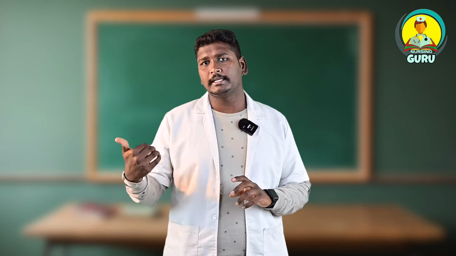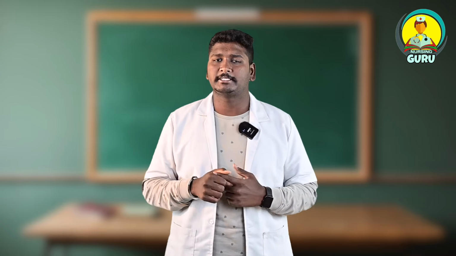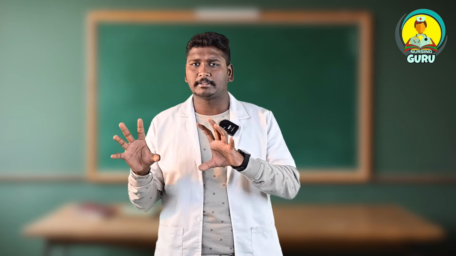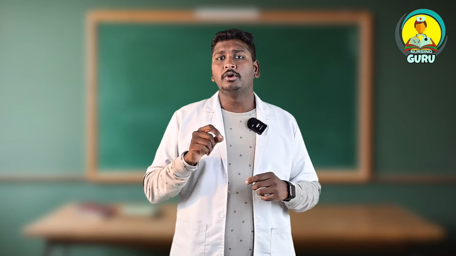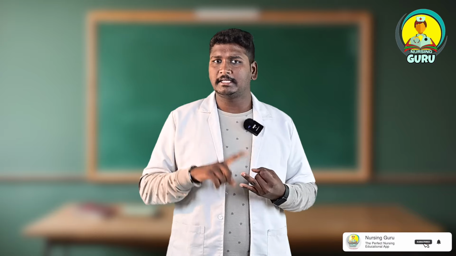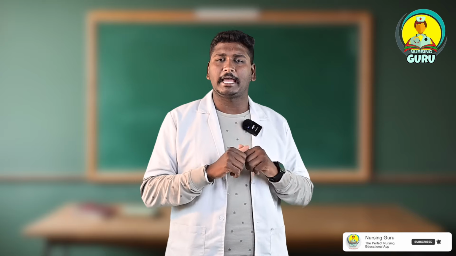And third is the signs and symptoms. Signs and symptoms are always evidence based, so wherever you see as evidenced by, it is the signs and symptoms. Here the signs and symptoms in this example is low urinary output. So there is a P format, E format, and also the S format. So again it is a completely framed nursing diagnosis.